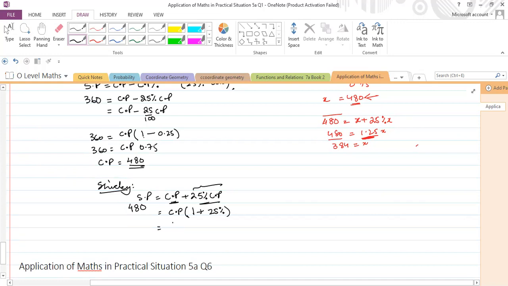This 25% becomes 0.25, so we get 1.25 times the cost price. So this is 480. When you divide 480 by 1.25, it will give you 384. This was the amount paid by Shirley for the fax machine originally.